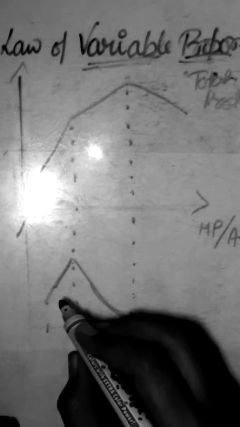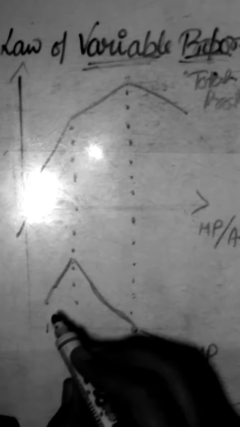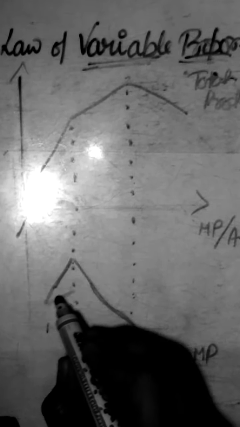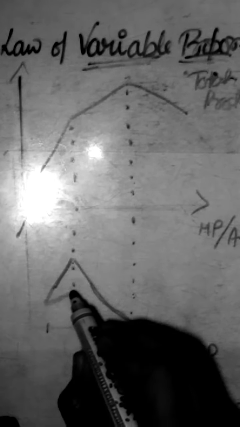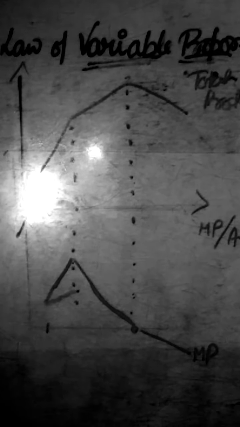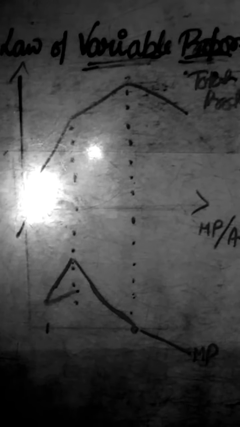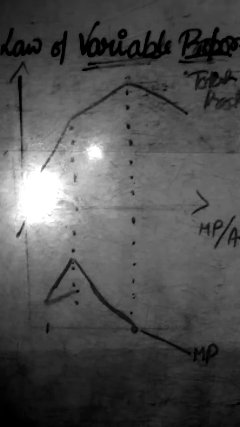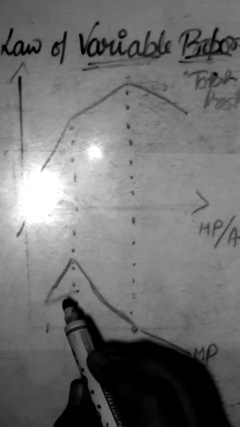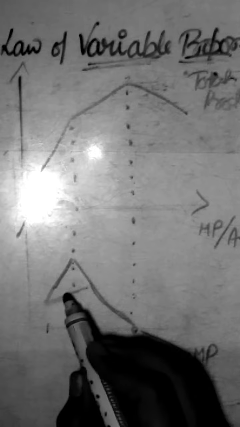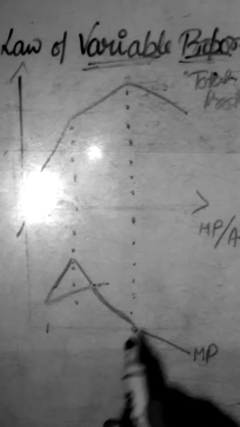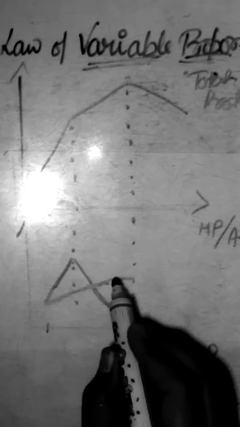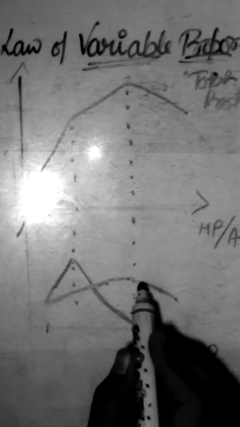When we speak of average production, it first increases, and then meets somewhere, and then it starts falling.